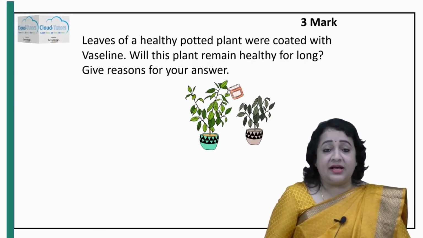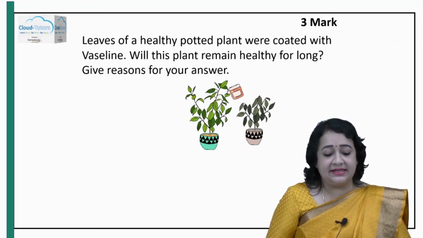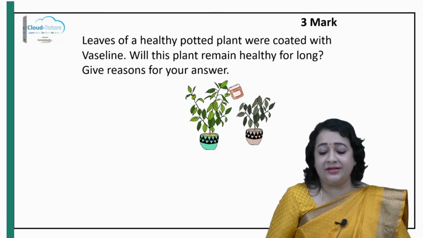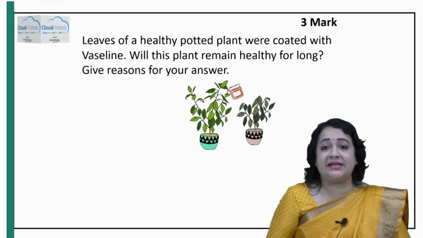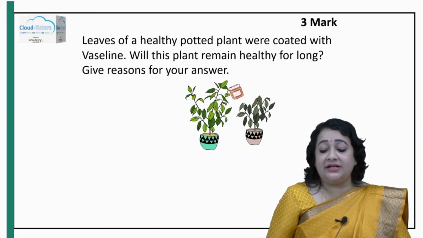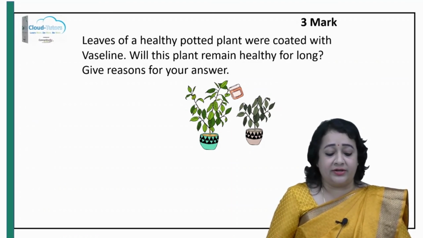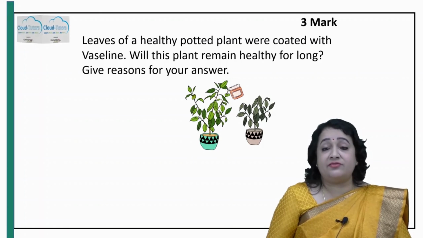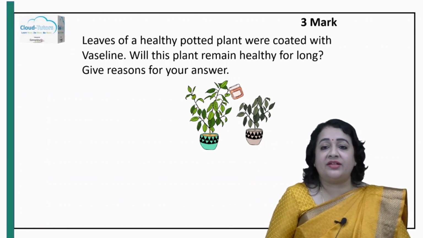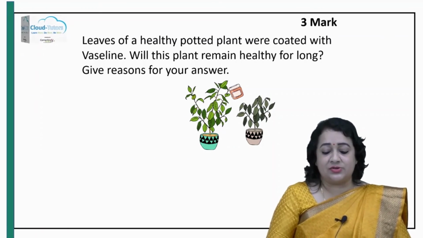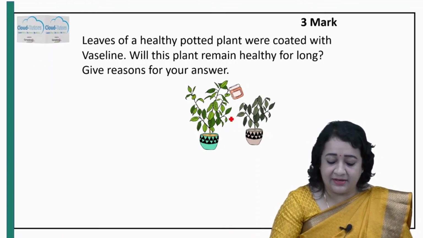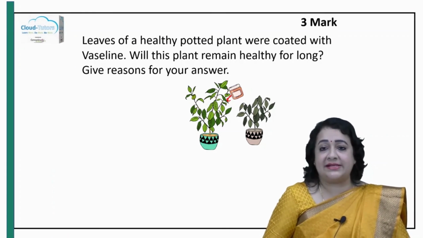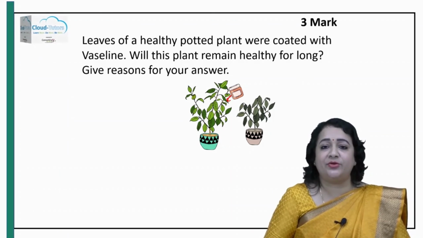Next, the last question for the day, that is, leaves of a healthy potted plant were coated with Vaseline. Will this plant remain healthy for longer? So give a reason for your answer. So we have to tell whether it is going to remain healthy or not. So the leaf of this plant is coated with Vaseline. So what will happen to the plant?